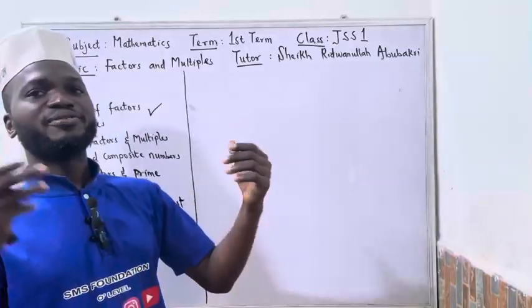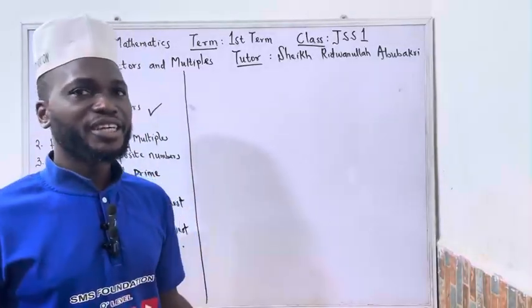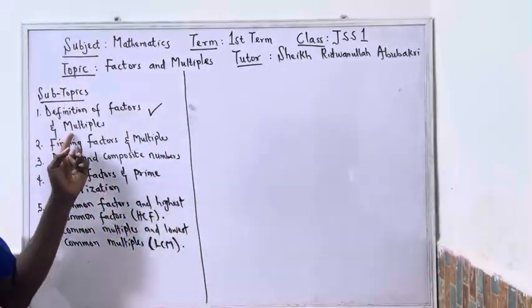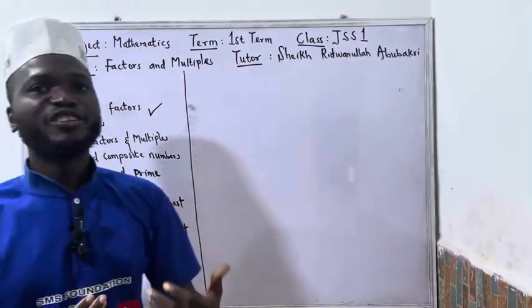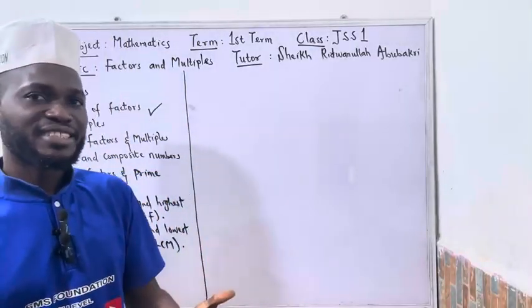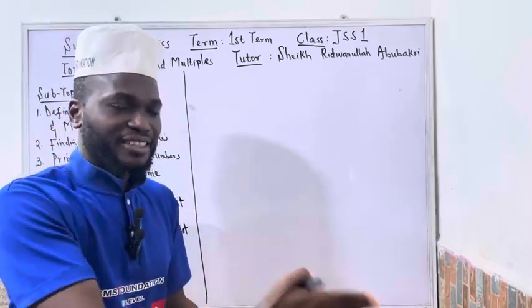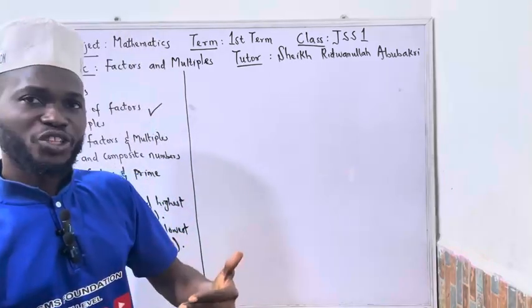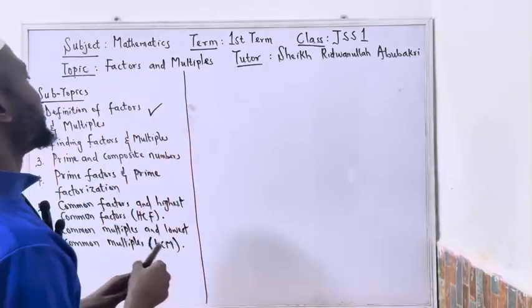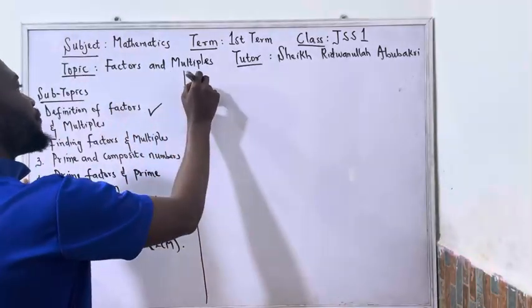All the numbers that can divide 6 without any remainder are the factors of 6. But when we are talking of multiples, let's say multiples of 6, these are the numbers that 6 can divide. There is a difference between what you can divide and what can divide you. So let's see it on the board.